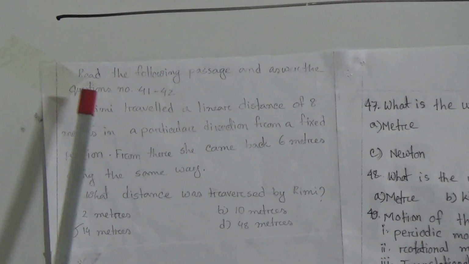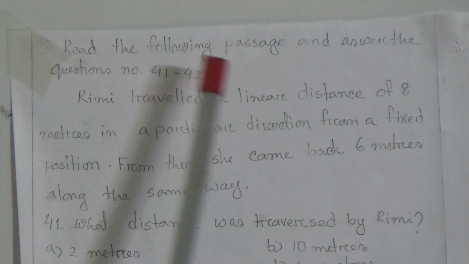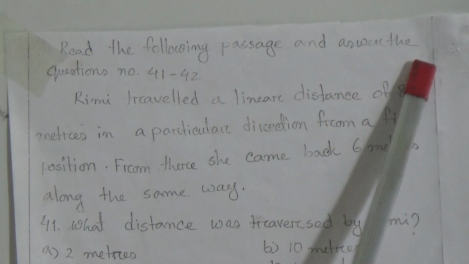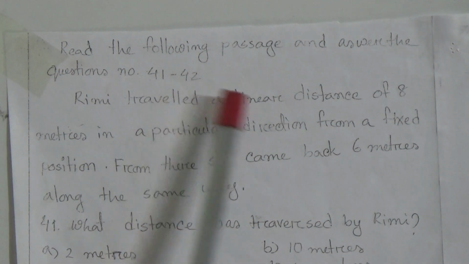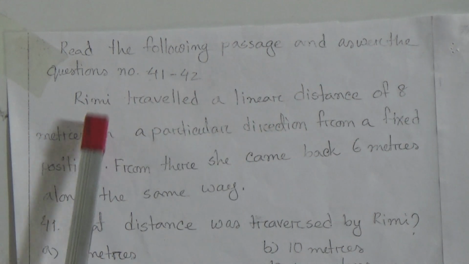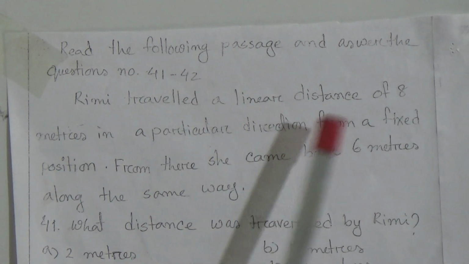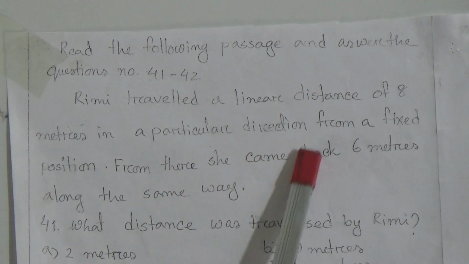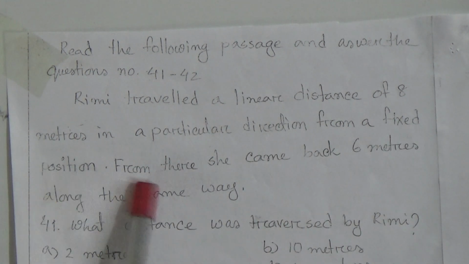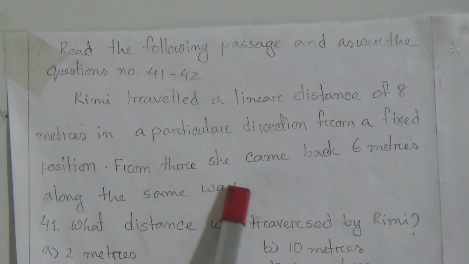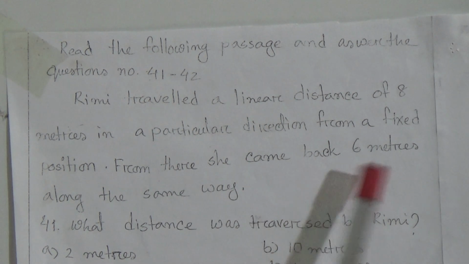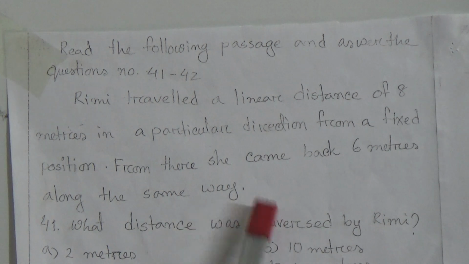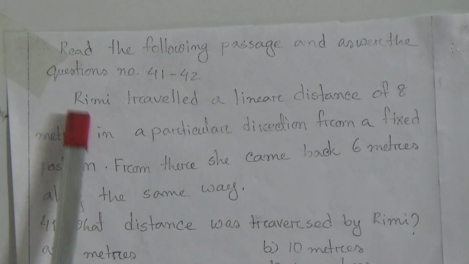Dear students, first MCQ, read the following passage and answer questions number 41 to 42. Remy travelled a linear distance of 8 meters in a particular direction from a fixed position. From there, she came back 6 meters along the same way. I am repeating again.